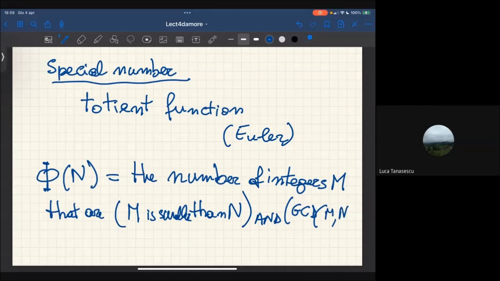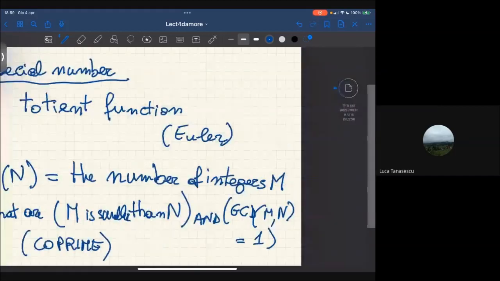The greatest common divisor between m and n equal to 1. This means coprime. So the totient function of a number, whatever is this number, is the number of integers that are coprime with n. This is just a definition.